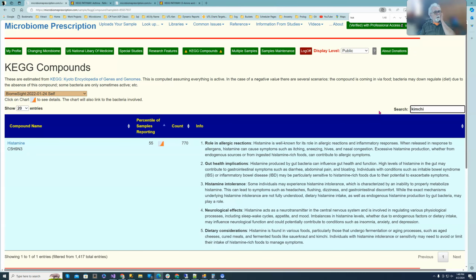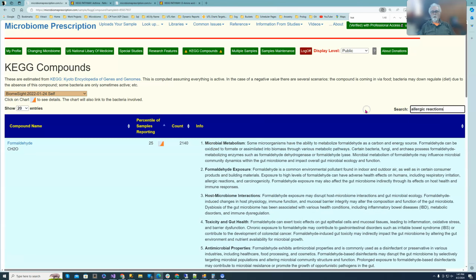So if you type kimchi, you find exactly one reference to kimchi there. Everything is loaded. The search happens on the page, so it's fast, it's quick, and you can just go out and do it. For example, allergic reactions, if you want to put that word in.